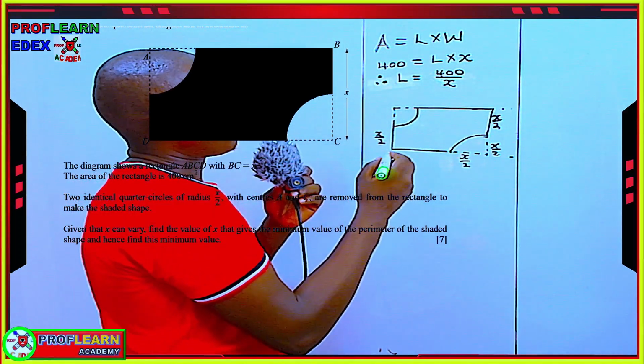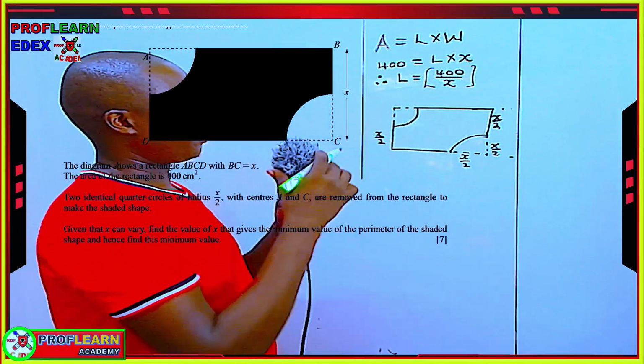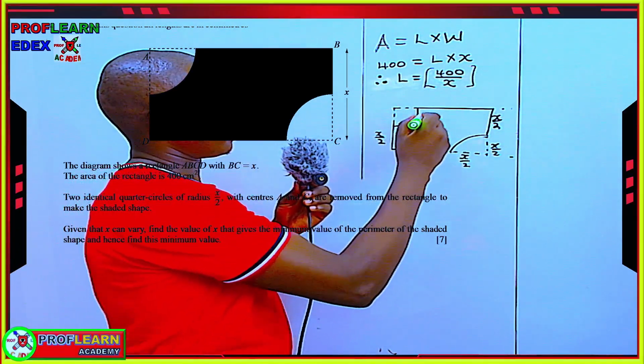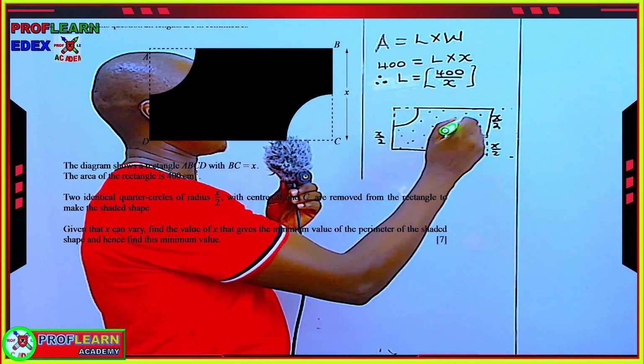But we have said that the length of this shape, remember we want to find the perimeter of the shaded part.